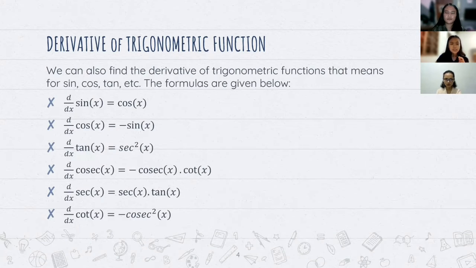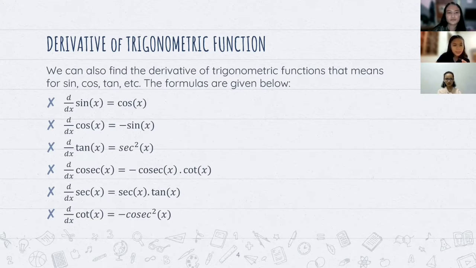First, d over dx of sine x equals cosine x. Second, d over dx of cosine x equals minus sine x. Third, d over dx of tangent x equals secant squared x.